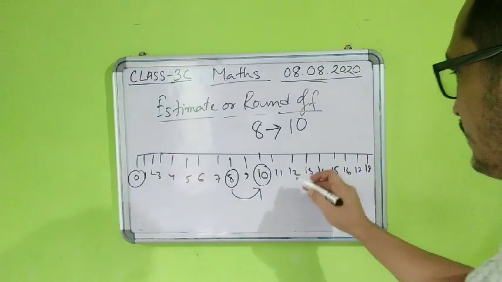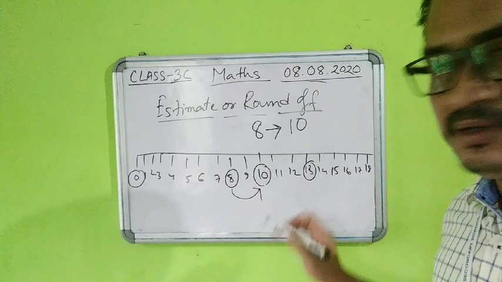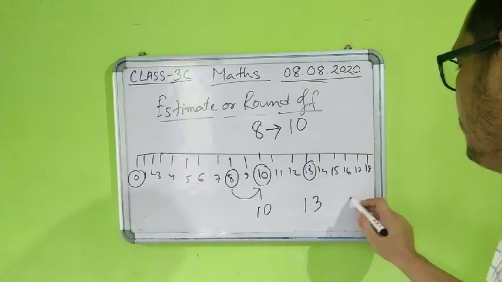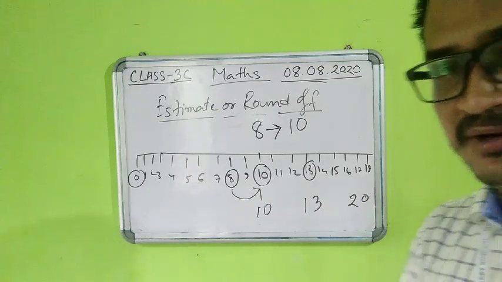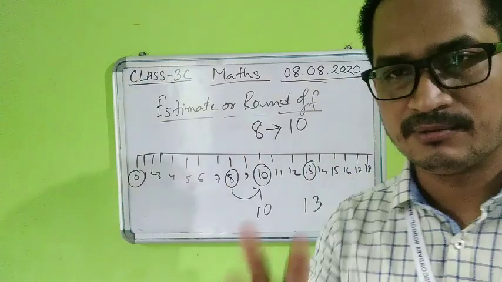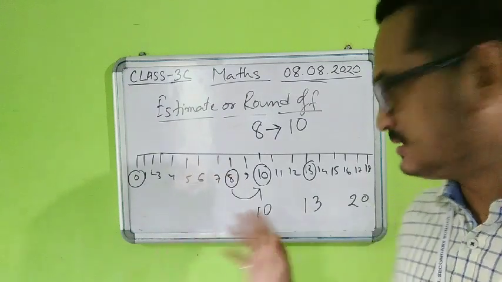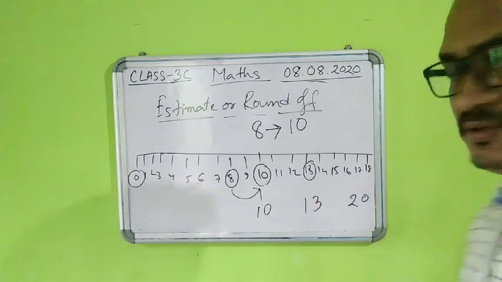Fine. Now similarly, let's take 13. Now 13 comes in between 10 and 20. That means I am searching for those numbers which have zeros at the ones place. So for 13, before it comes 10 and after it comes 20.